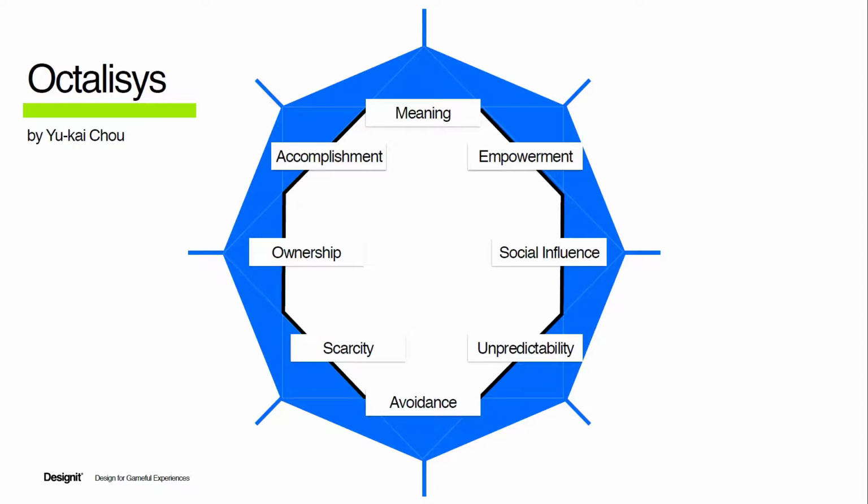What he did is map the drivers that guide people's behavior, not only in gameful experiences, but in everyday tasks in life. So you find meaning, empowerment, social influence, unpredictability, avoidance, scarcity, ownership, and accomplishment.